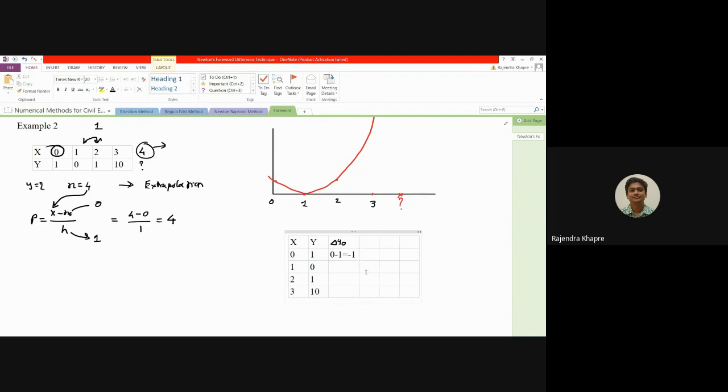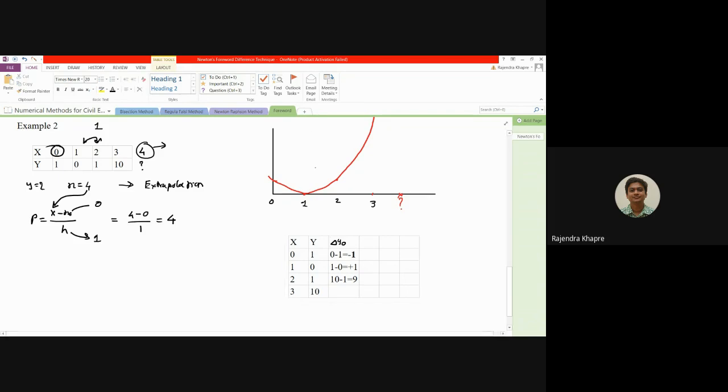How about this one? What will come below it? 1 minus 0, so this will be plus 1. And how about this one? Yes, 10 minus 1, so this is going to become 9. Out of these three values, we are going to use the first value.